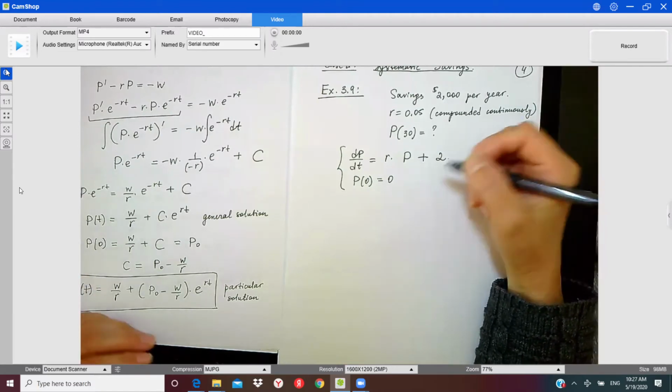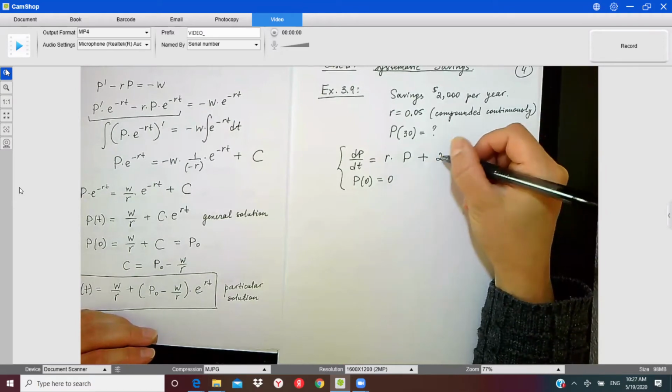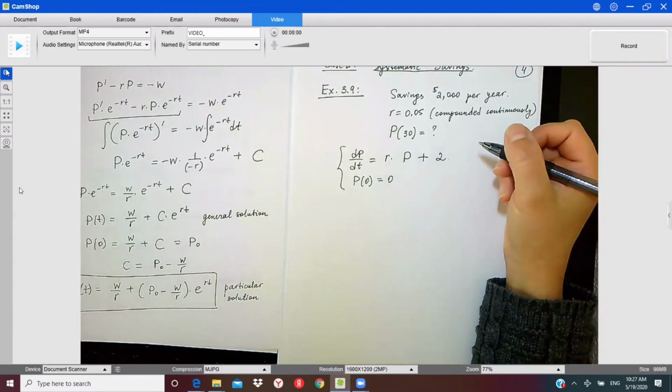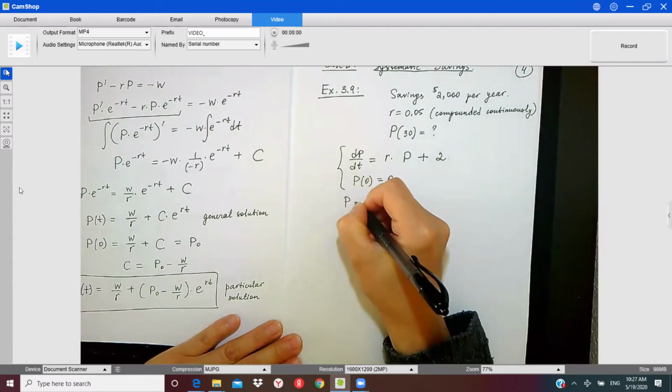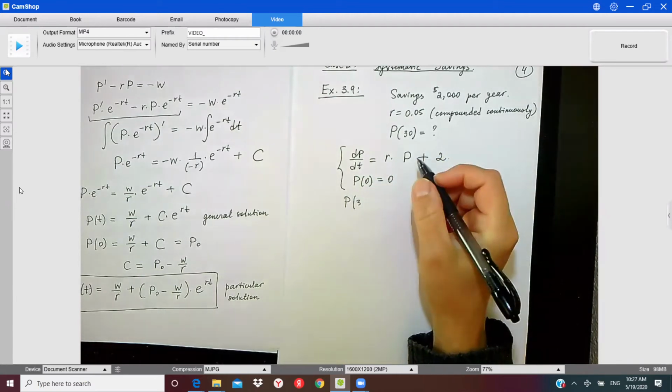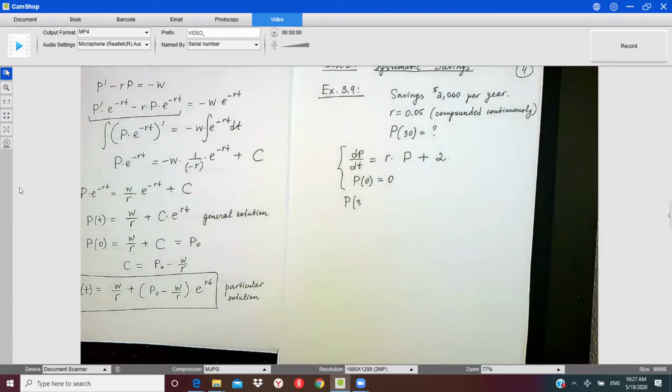We begin with 0, but then we keep adding 2,000 per year, and we want to know what will be the balance after 30 years. So we want to find again P of 30, right? I have it here, P of 30. Well, let's solve this equation. What kind of equation is this?